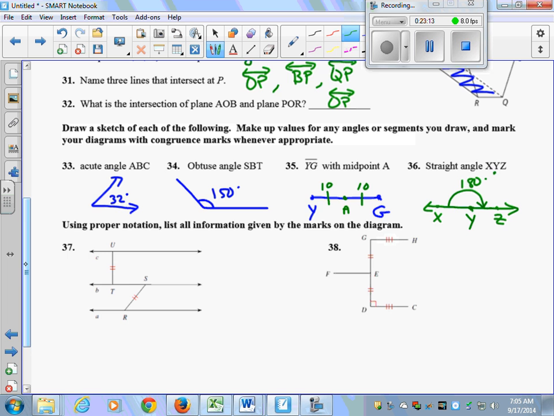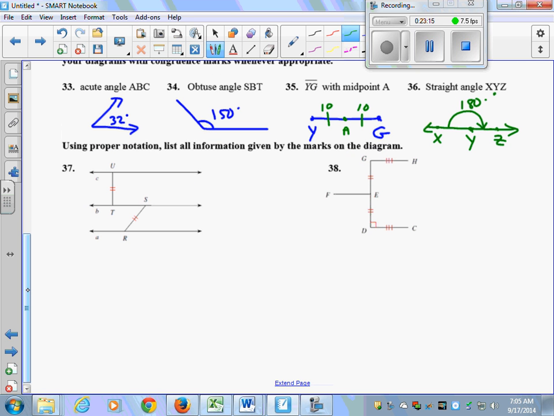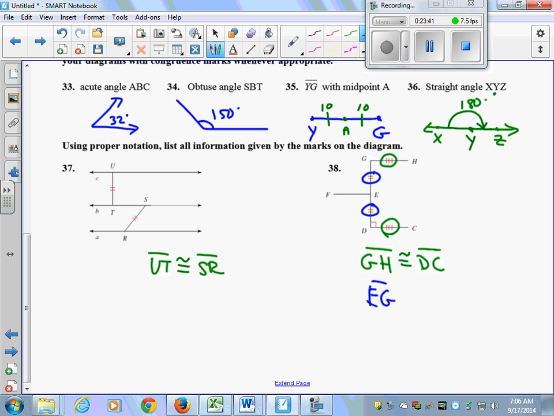All right, the last part here, using proper notation, list all the information given by the marks. Here there's really only one thing you can say, and that is UT is congruent to SR. Over here we have 3 things. GH has 3 tick marks, and so does DC. So GH is congruent to DC. Then we have 2 tick marks and 2 tick marks, so EG is congruent to ED.